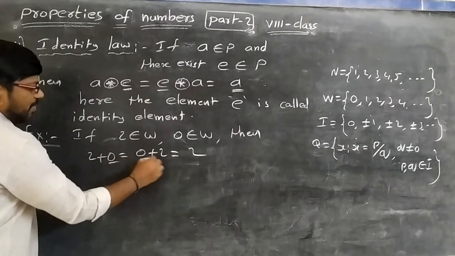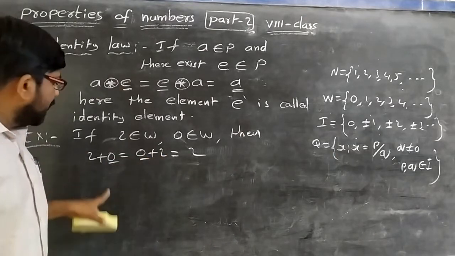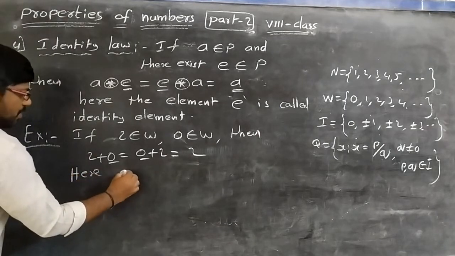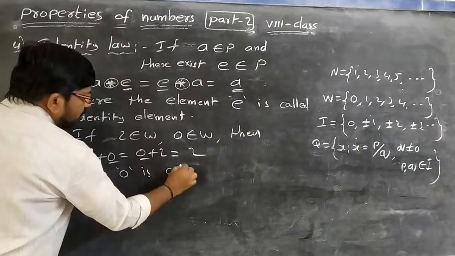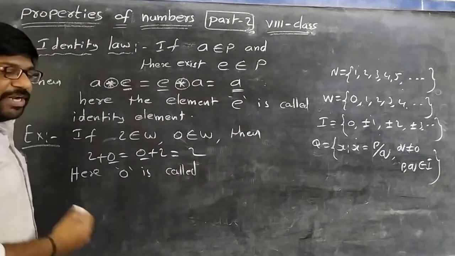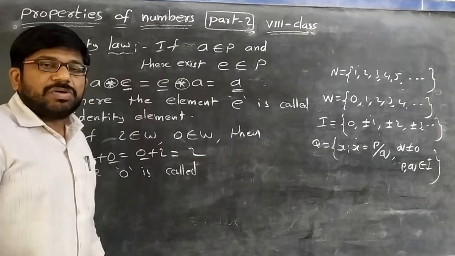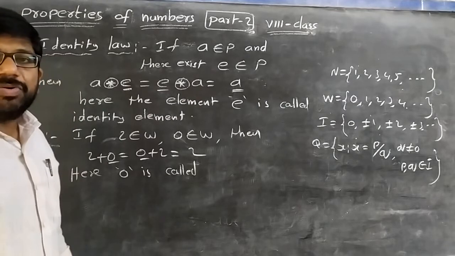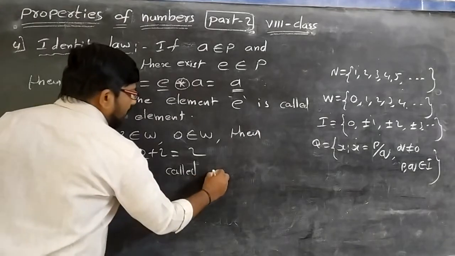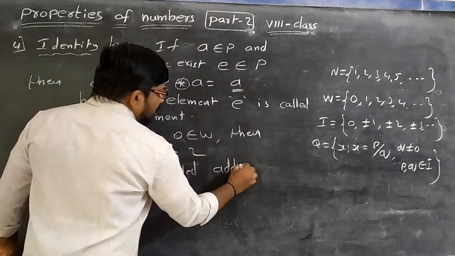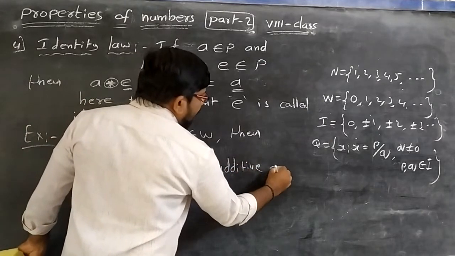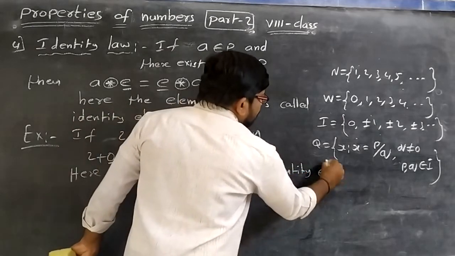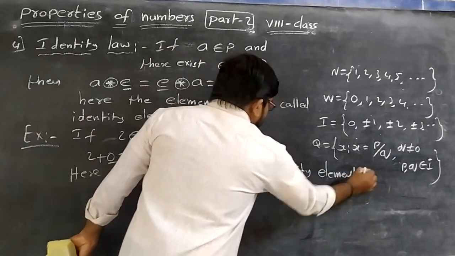Here 0 is called the identity element in addition, so it is called the additive identity element, right?